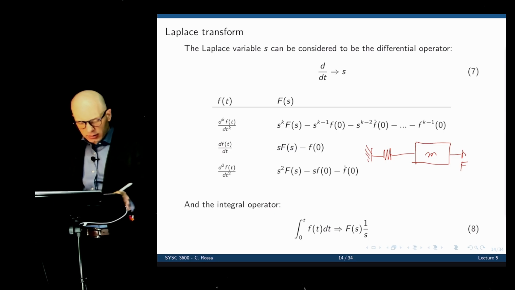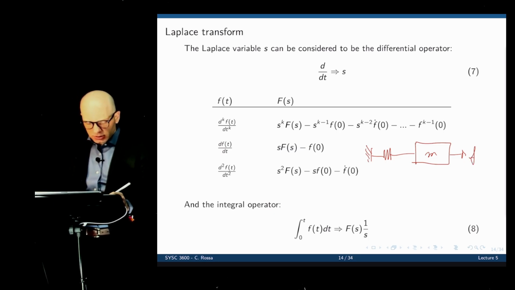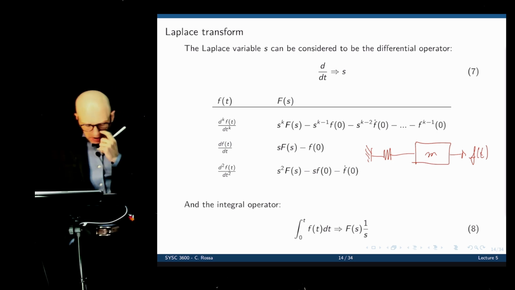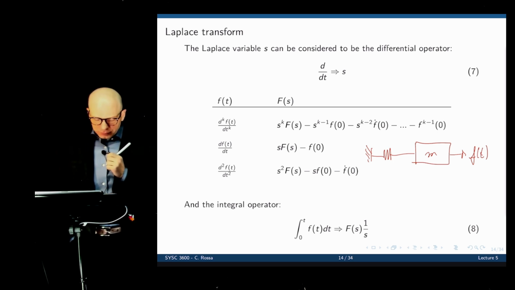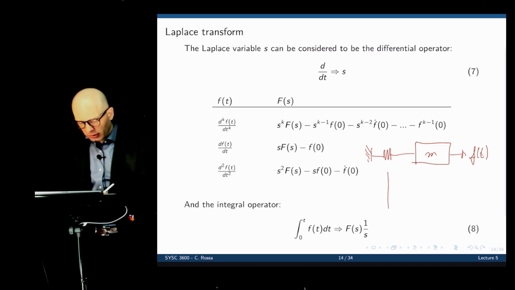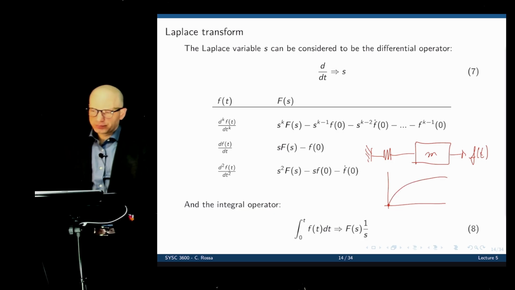And we are applying a force to this system and we are watching the displacement. Let's call the displacement f of t. If everything is at rest and we apply a force, we know how much the mass is going to move. It's going to start from rest and it's going to start moving.